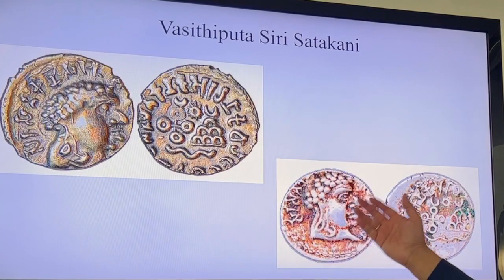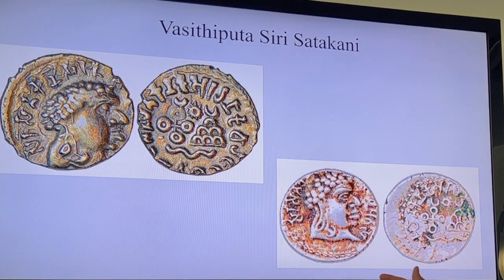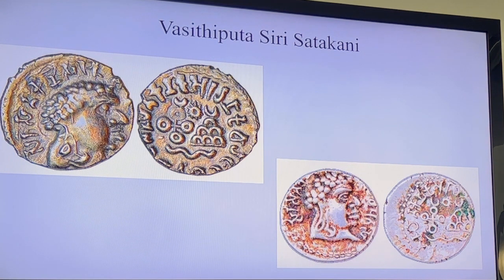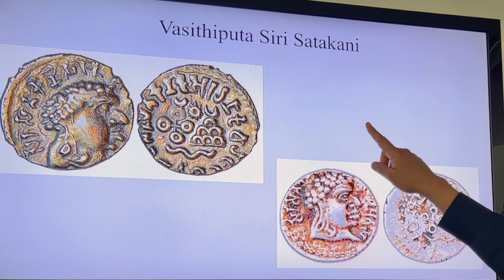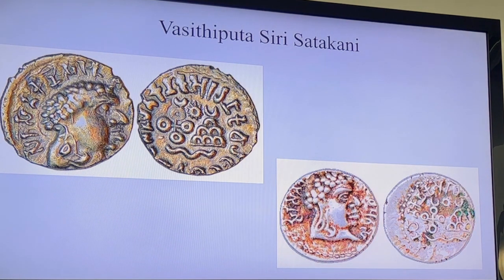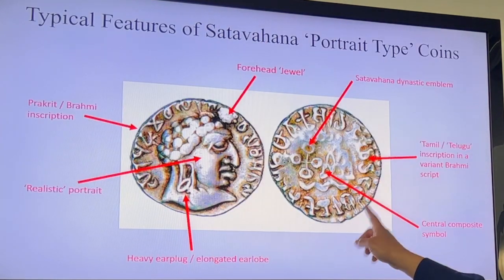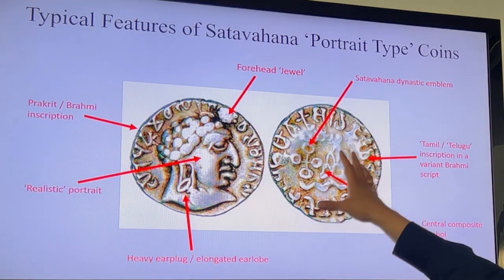The third is Vasishtiputra Siri Satakarni, and right at the outset, I would like to mention that there are similarities in engraving and hands of the engraver in these coins. So, for example, this particular variety of Vasishtiputra Siri Satakarni is quite similar to one of these coins, in the way it's been engraved.